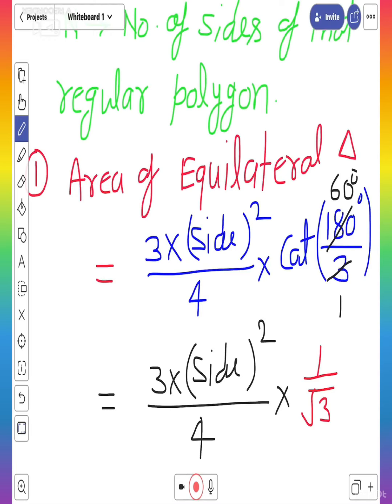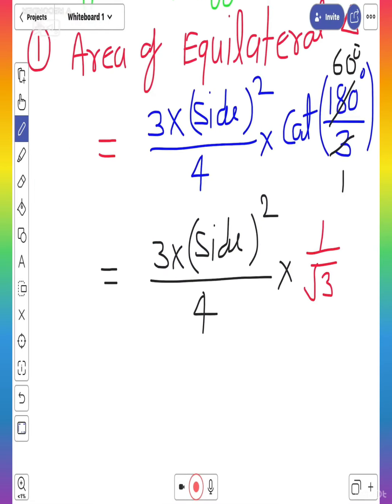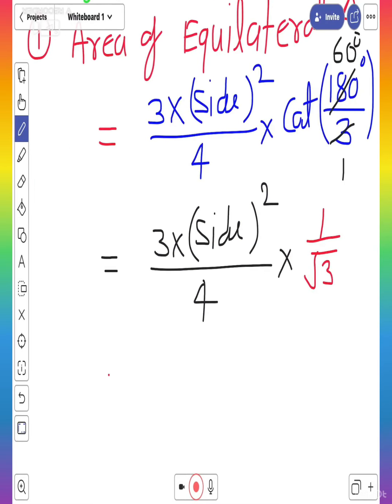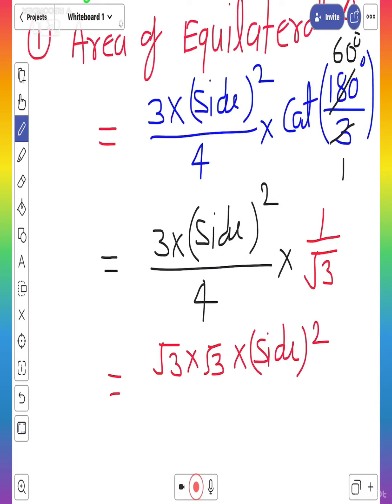Again you simplify this. You can write 3 as under root 3 and under root 3, and side square is the same, divided by 4, and this is 1 upon under root 3.